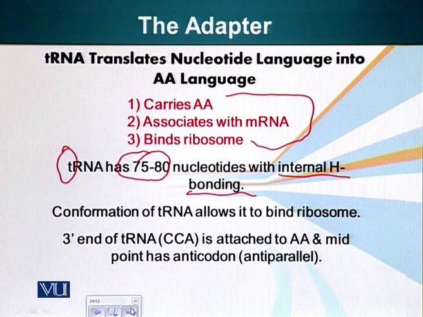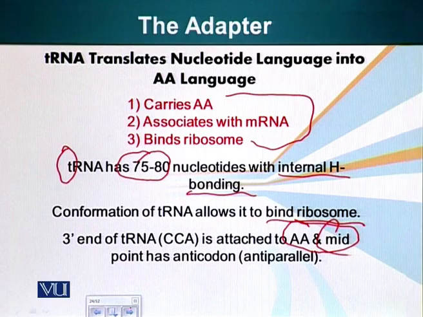The conformation, the three-dimensional placement of atoms of this molecule, allows it to bind the ribosomes. The 3' end of the tRNA, basically the 3' hydroxyl of the last nucleotide of this molecule, is the place where amino acids are bound.